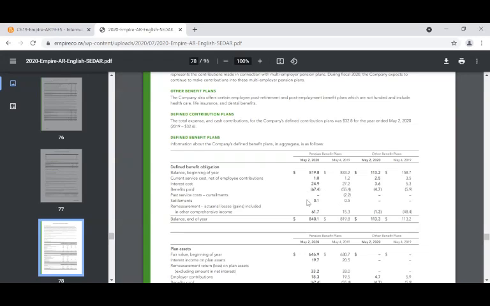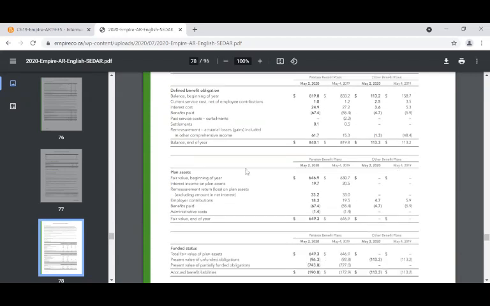And there are curtailment settlements, that has to do with sometimes there are changes in plans. Curtailment means some people just wind their plan up. And then they have remeasurement, which is actuarial loss for both years. So these are all the changes to defined benefit obligation. So that's the continuity table we need to do. The continuity table for other benefit plans is similar.